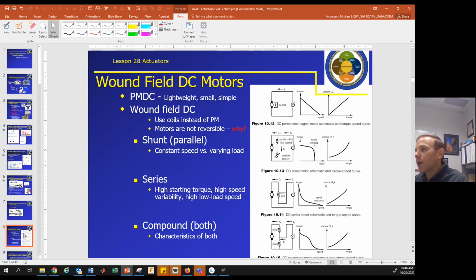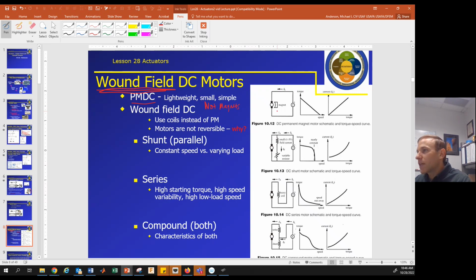Okay, I want to briefly talk about a couple different types of motors. What we've been talking about before were permanent magnet DC motors. Now, this says wound field DC motors, so not a permanent magnet. The advantage of a permanent magnet motor is it's lightweight, small, simple, and easy to operate. But in these motors, instead of magnets providing the magnetic field with which the rotor is going to interact, we've got another electric field that's providing that.